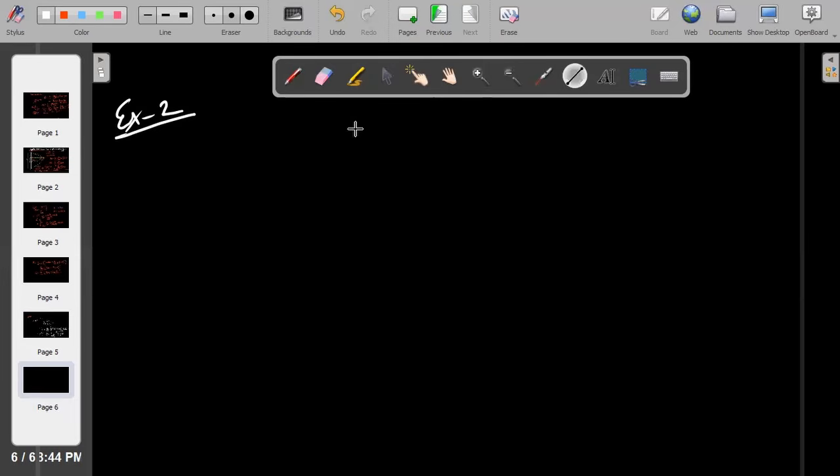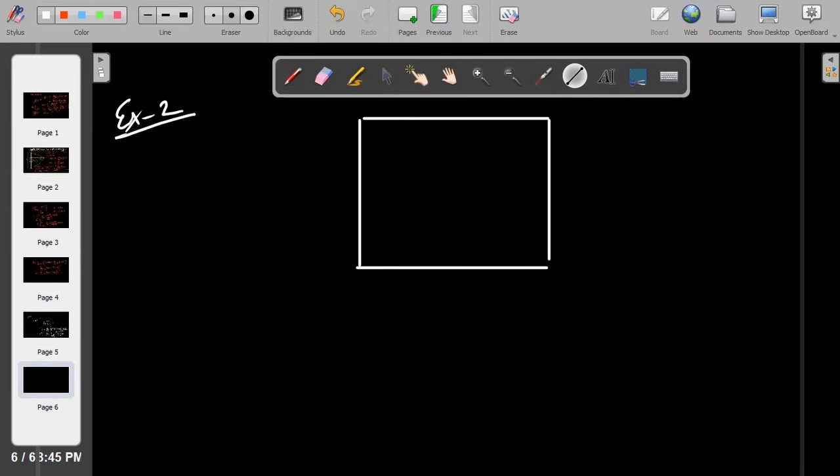Let's say some square is there. There is a square. I'm giving some problems actually. And the point P is at the middle of the square. Now you need to find the magnetic field for all sides of the square.